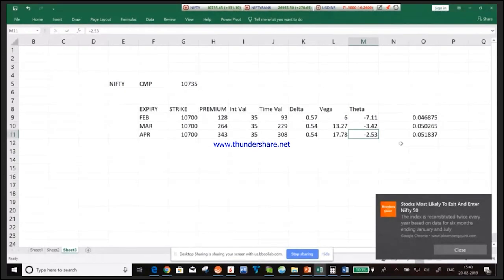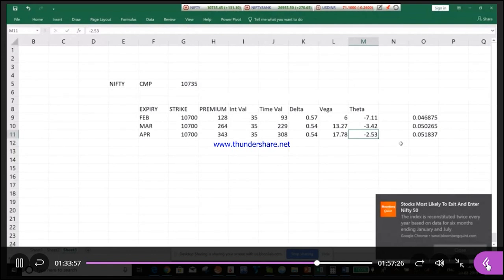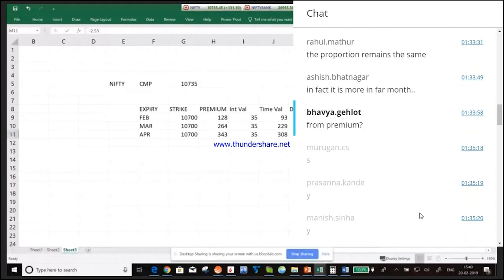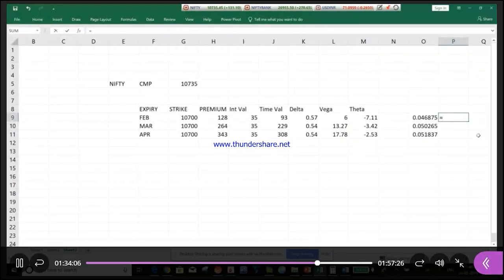Yes, Ashish. So let's say one day has passed. Yes, from premium. So what is going to be your change, this divided by this, now see the percentage change of time passing.